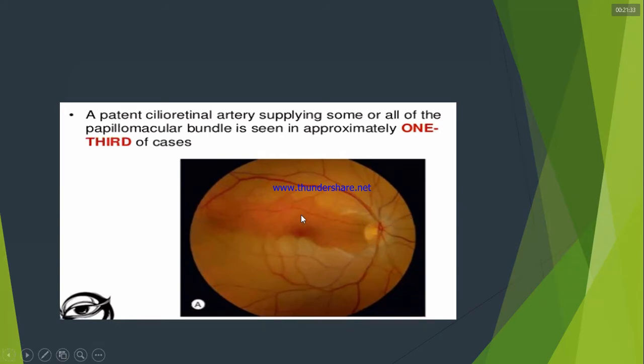So this central part is the papillomacular bundle, and it is supplied by the cilioretinal artery. So you can discriminate the color. This is the normal texture of the retina, and this is the edematous retina. This is the opacified or ischemic retina over here, and this is the papillomacular bundle, which is a patent retina.